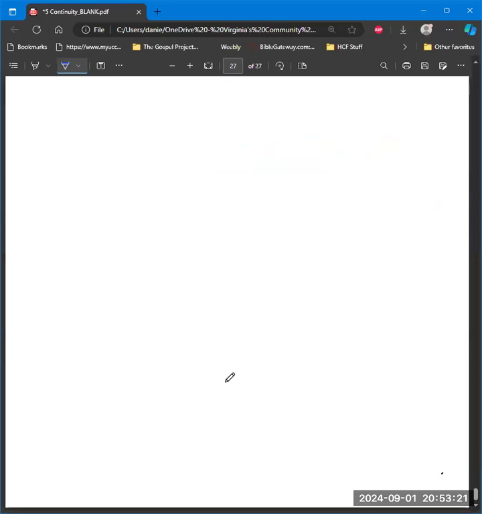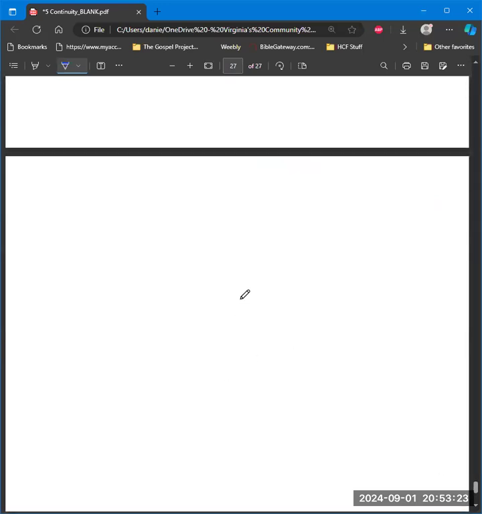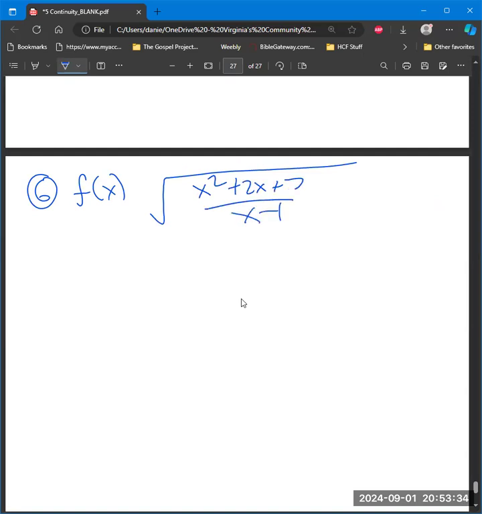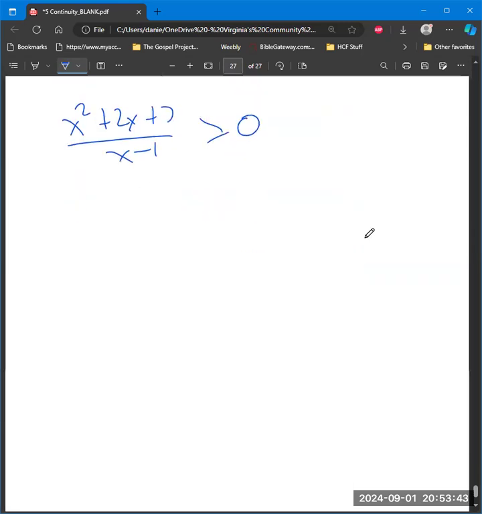Let's look at this next one here. f of x is equal to the square root of x squared plus 2x plus 7 over x minus 1. So we need x squared plus 2x plus 7 over x minus 1 to be greater than 0, since it's a square root, for us to be continuous.